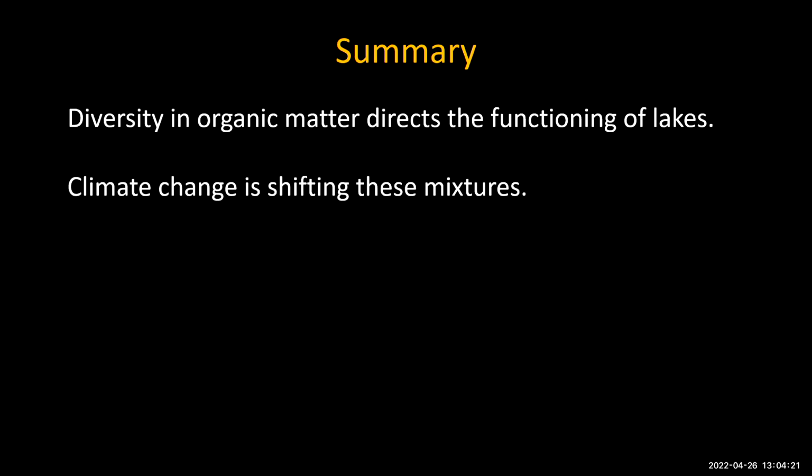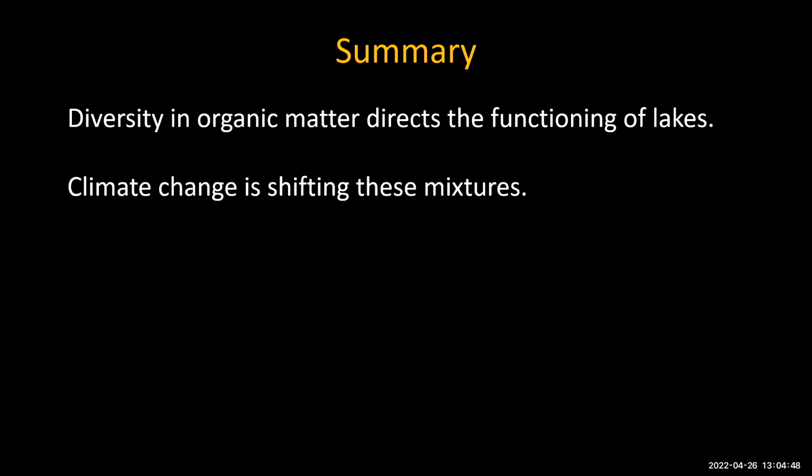Gone over. Okay. So I hope that I've convinced you today that there's this really remarkable diversity of organic matter that is key to directing the function of lakes and the fate of carbon as it moves from land into the oceans, and that largely happens by influencing microbial activity, and that climate driven shifts in these terrestrial inputs are important for brewing different mixtures of organic matter.